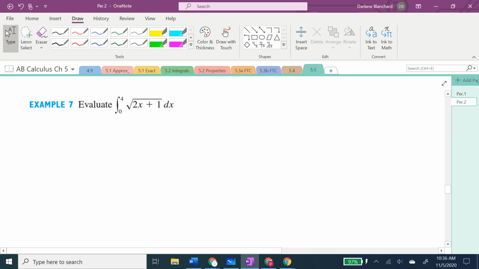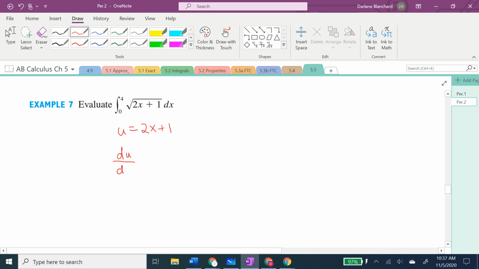Okay, I gotta go. Forward. This is a definite integral, and you need to know how to work with your definite integrals. You can start the u-substitution normally. So I'm going to choose a u of 2x plus 1.